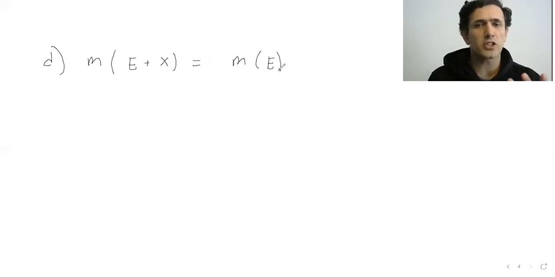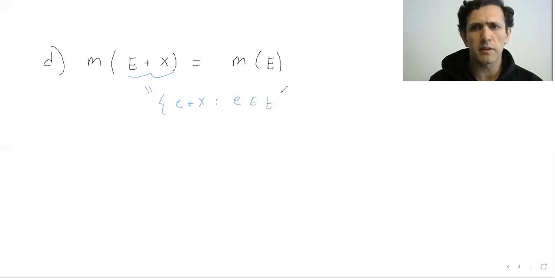You haven't changed its size. Or rather, this should be a property of any reasonable measure of size or length or whatever. Okay. And again, I'm sure we've all seen this notation here. This is just the set of all e plus x, where e is an element of big E.